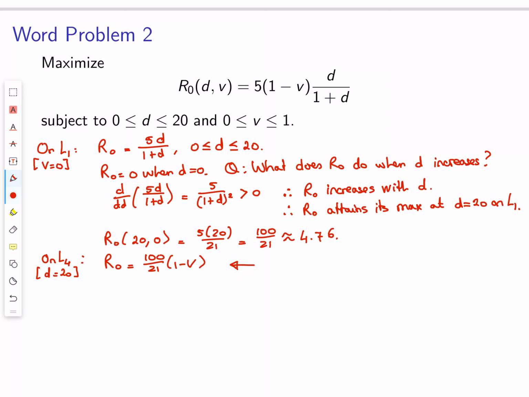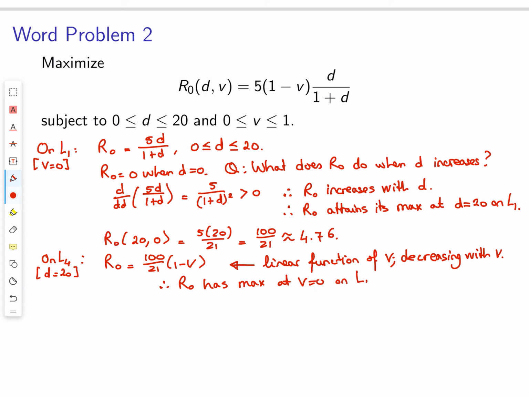This we recognize as a linear function of V, and it's decreasing with V. So that means R naught has a max at V equal to 0 on the line segment L4.